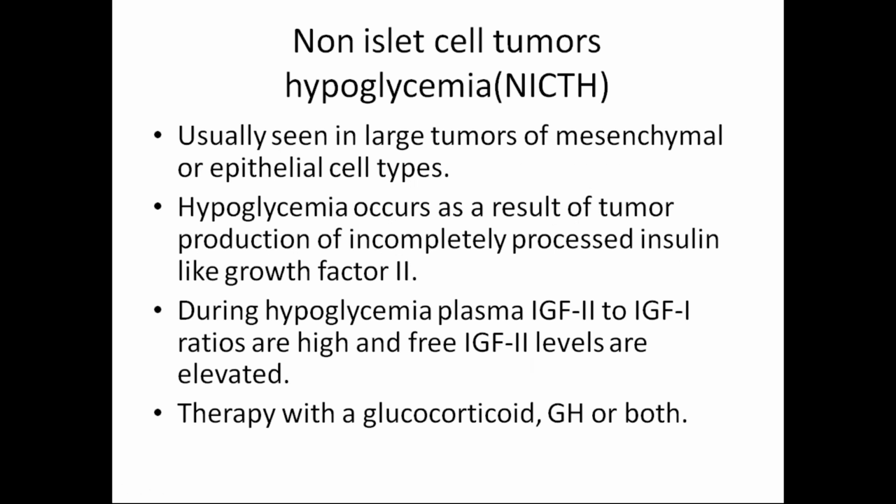Another cause of hypoglycemia is non-islet cell tumor hypoglycemia. Normally, in islet cell tumors like insulinoma, we see hypoglycemia because there is increased production of insulin. What does non-islet cell tumor mean? The tumor is somewhere else in the body, like large tumors of mesenchymal or epithelial cells. It results from production of incompletely processed insulin-like growth factor 2, IGF-2.